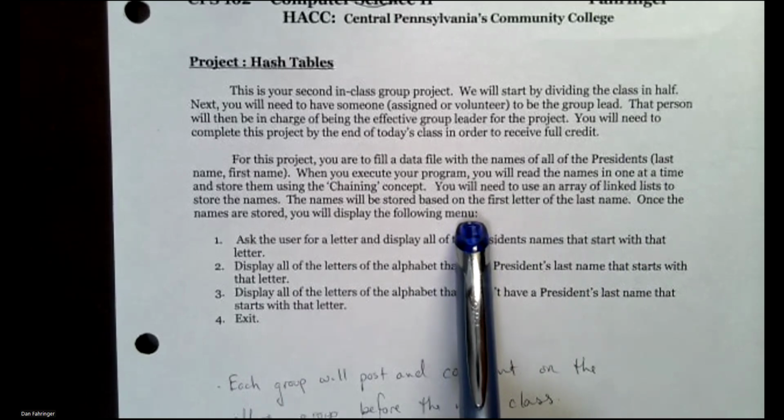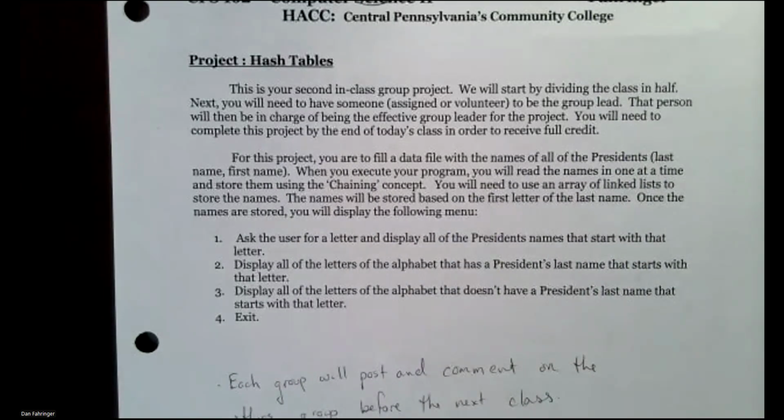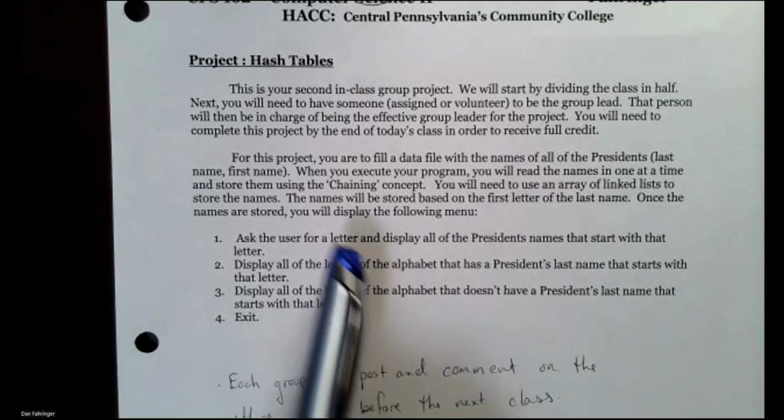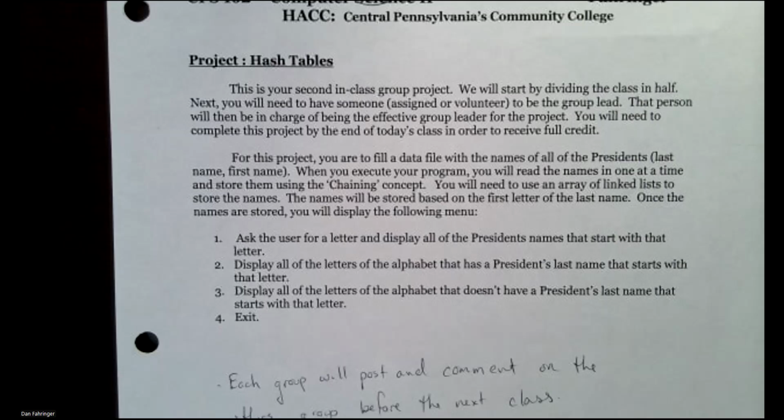The names will be stored by first letter of the last name. All right. So if you write this program later, that's going to be great. But here's what we're talking about. Chaining.